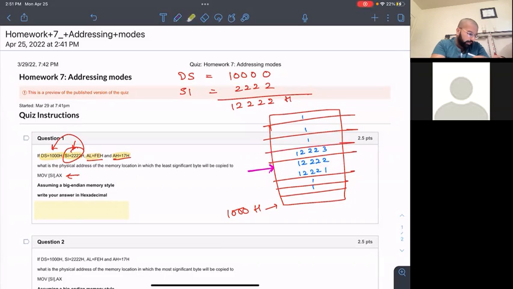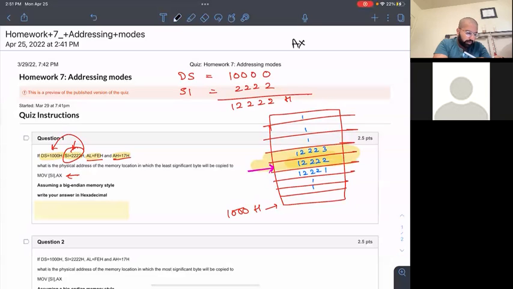Let me use a different color so it can stand out. We're looking at these 2 blocks because the pointer is pointing at this address. That's why.